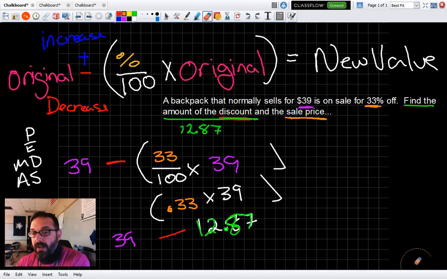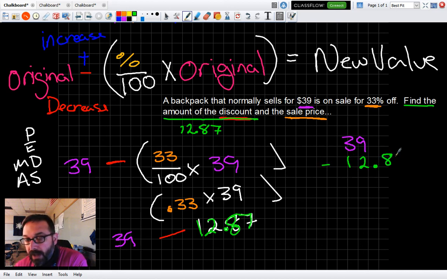So let's go back and we're going to write $39 minus $12.87. Please remember, when you subtract decimal values, you must line up the decimals. You cannot subtract dollars and pennies. They don't work. You must subtract dollars with dollars and pennies with pennies.